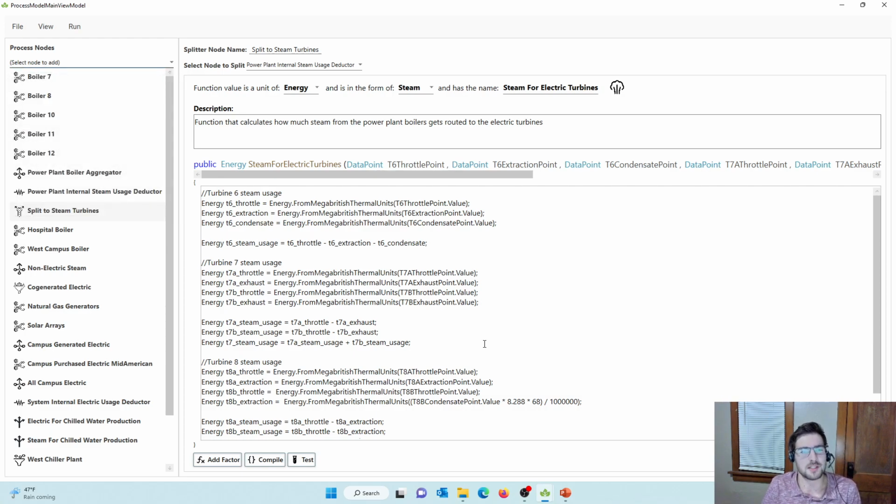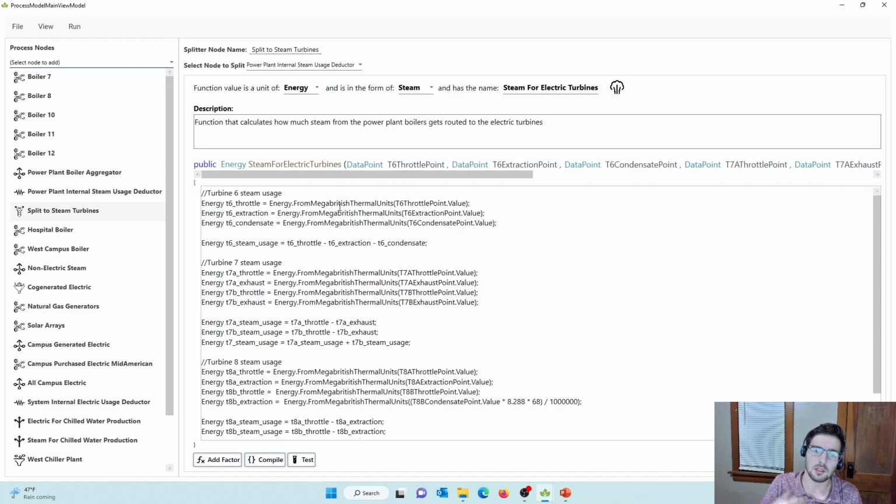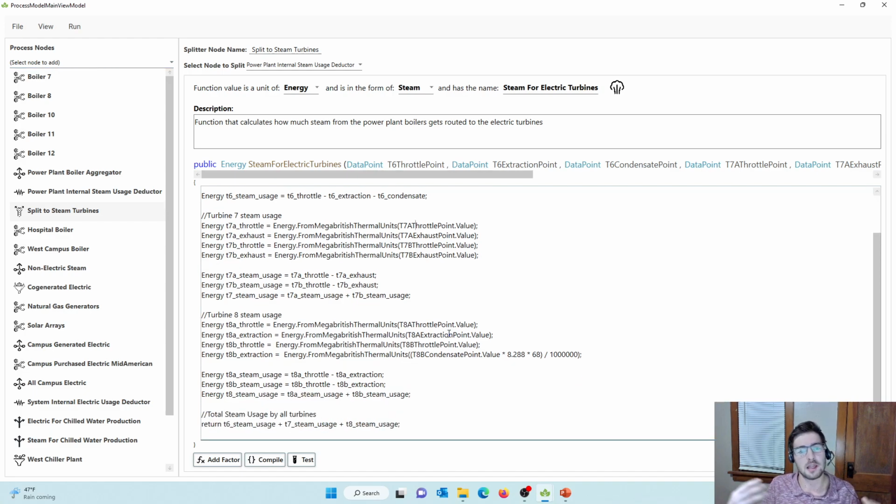Because it performs a split of how much steam diverts in this direction, and so this takes in 12 or so raw data streams, and the function that relates all these data streams and eventually tells us our answer for how much steam is going to our co-generated electric is all represented in this function.